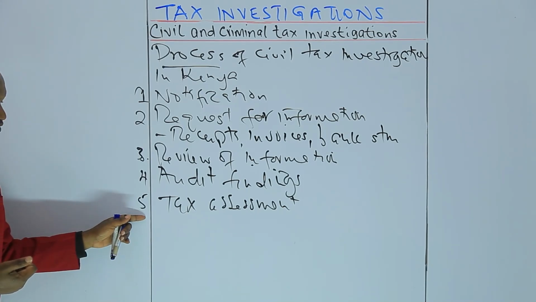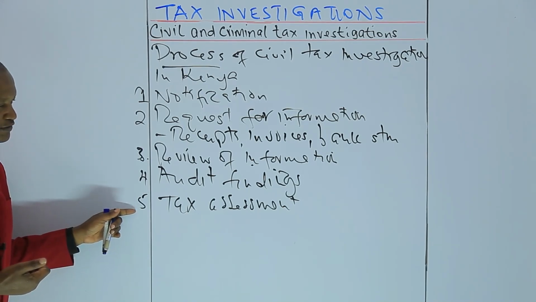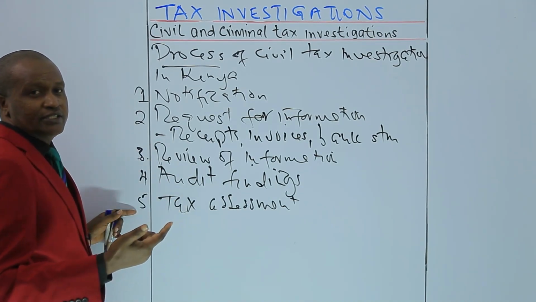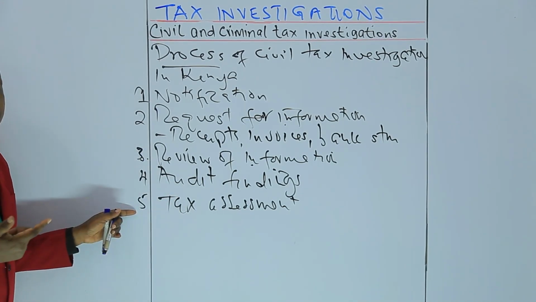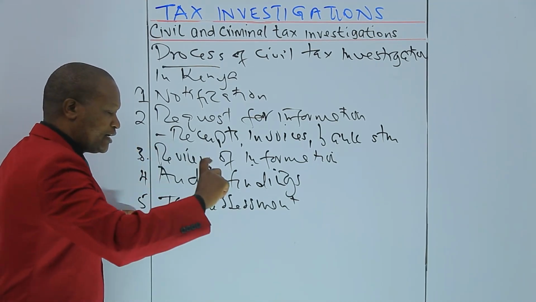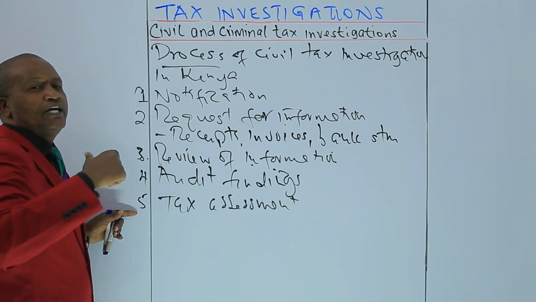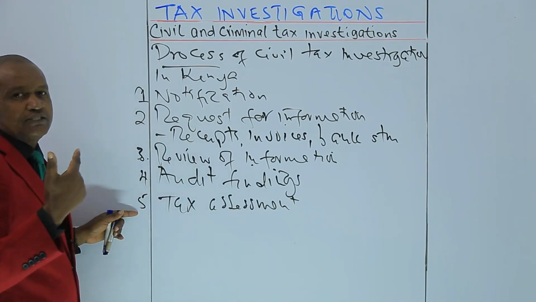You understand? At point number 5, the revenue authority will issue a tax assessment. That is where the revenue authority determines that the taxpayer owes more tax.